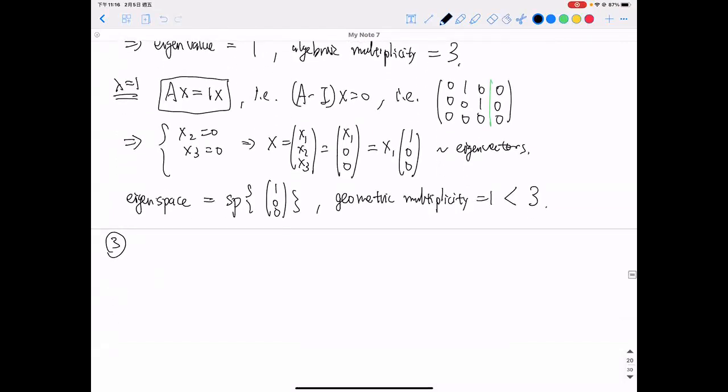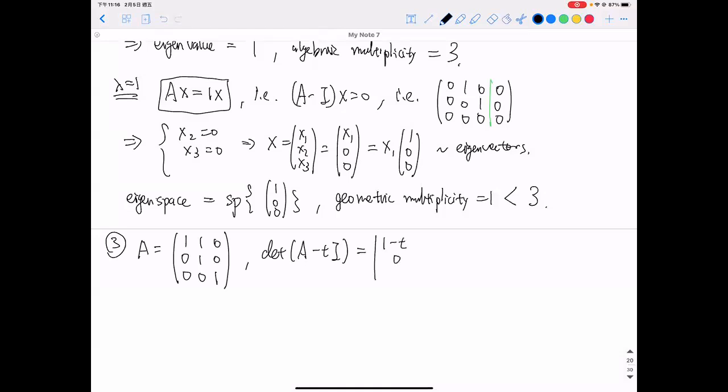Now, next example. This time A is 1, 0, 0, 1, 1, 0, 0, 0, 1. Okay, so you again need to find the characteristic polynomial.